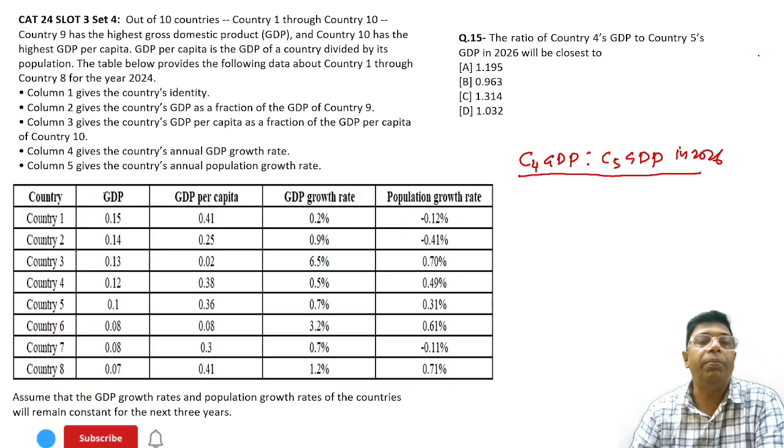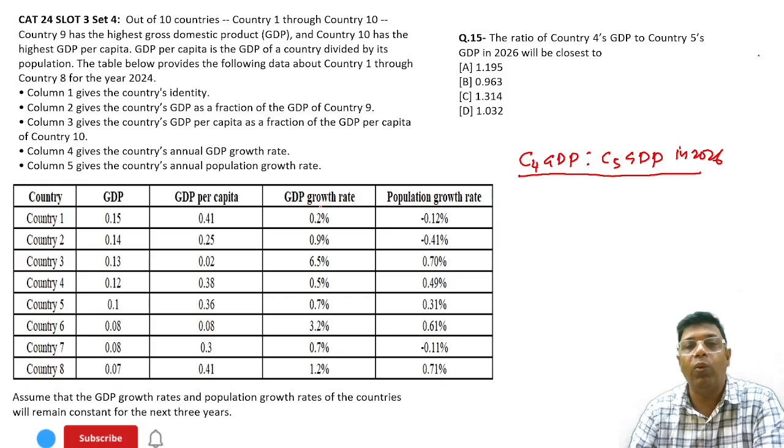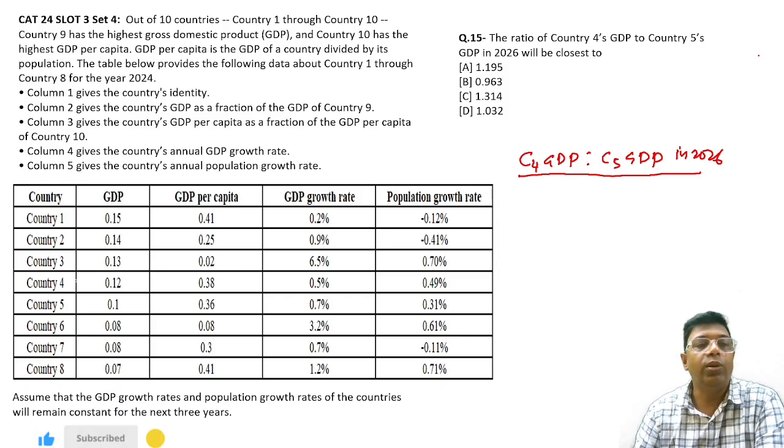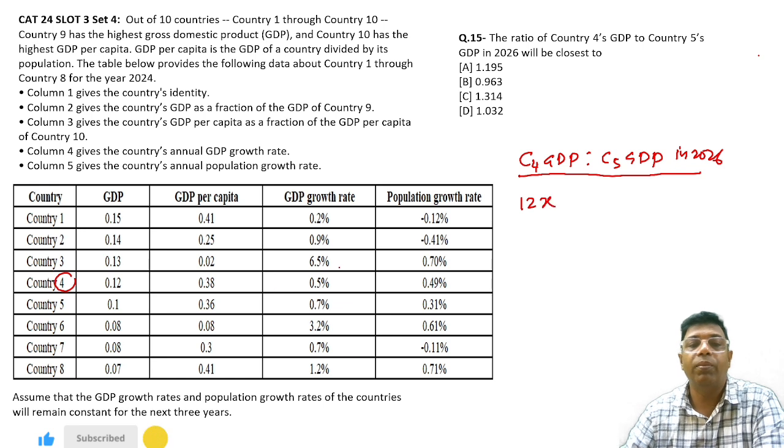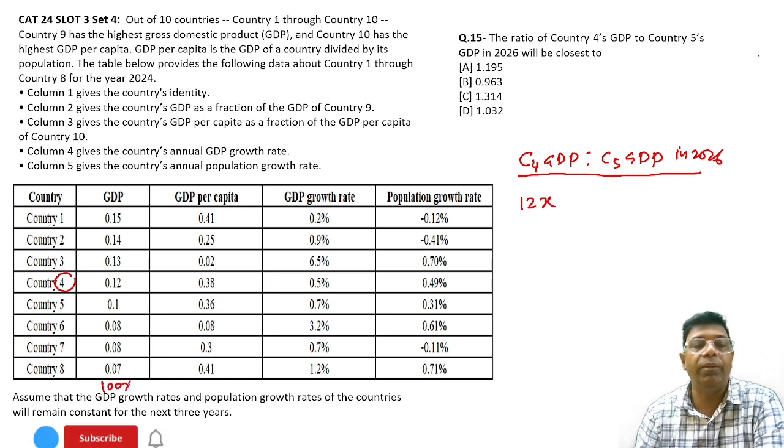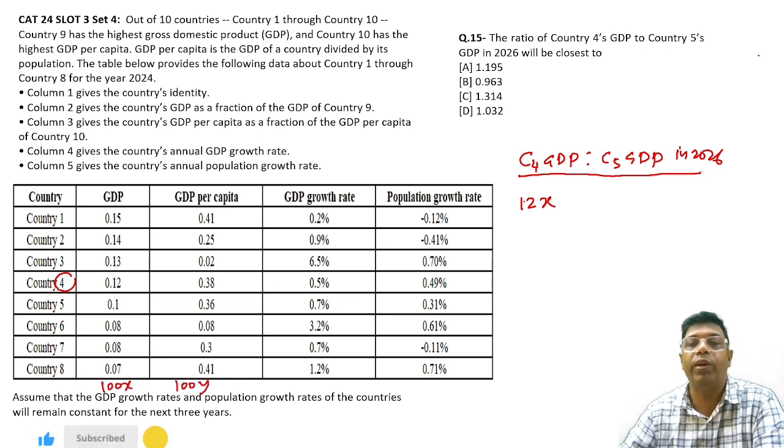Now you know the GDP of 2024 and we know the GDP growth rate. So let's go to country 4. Country 4's GDP is going to be 12x. Now this GDP will rise by 0.5% for the next 2 years.